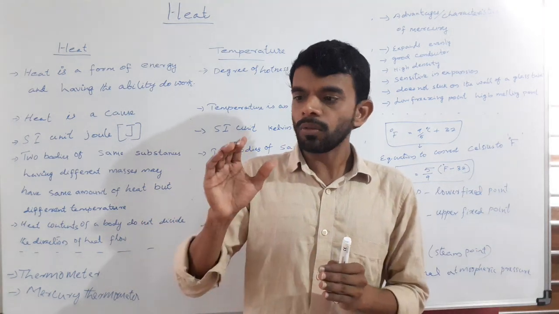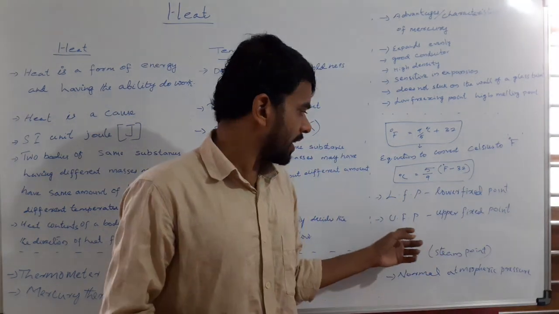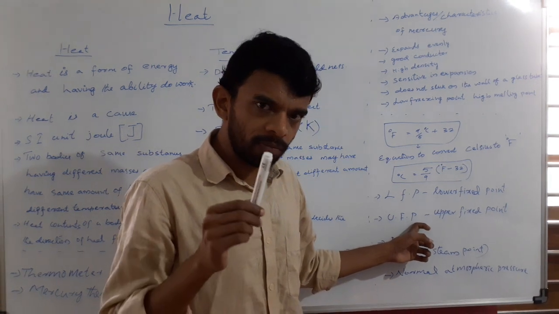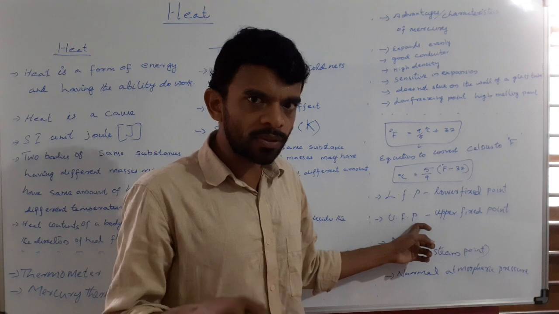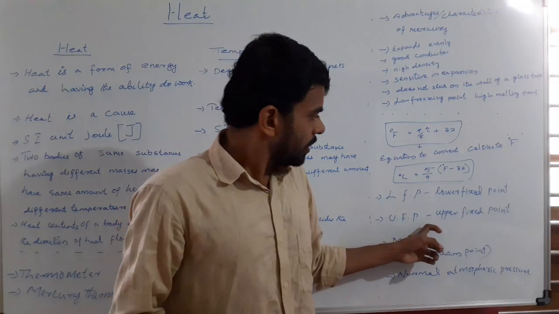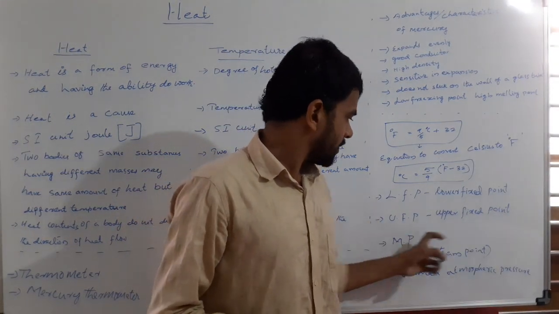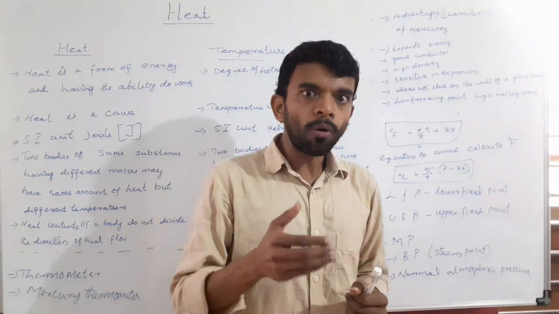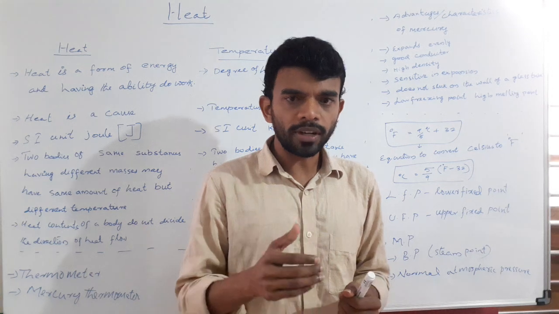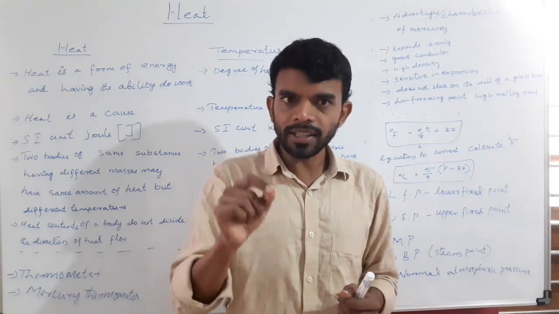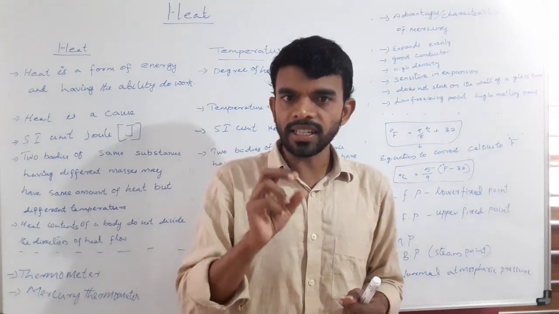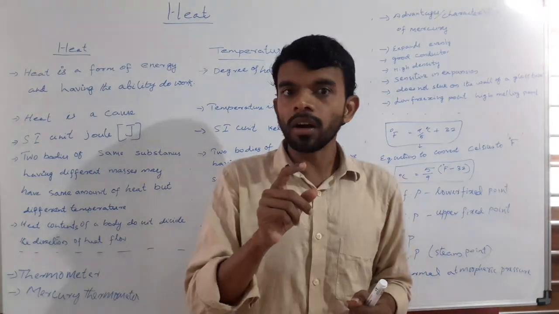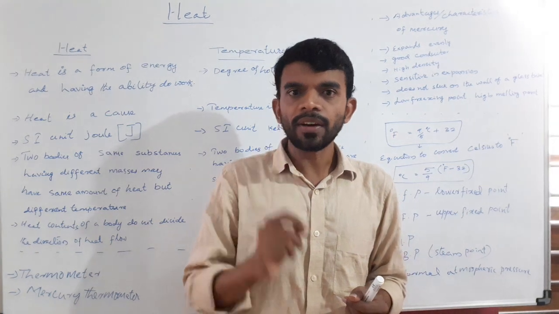Similarly, the boiling point of water is taken as the upper fixed point in both scales, Fahrenheit as well as Celsius. Now the upper fixed point, UFP, is taken as the boiling point. The boiling point of water in degree Celsius is 100 degrees Celsius, whereas in the Fahrenheit scale it is 212 degree Fahrenheit.